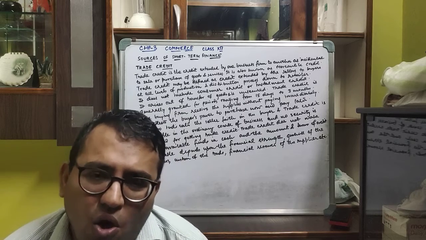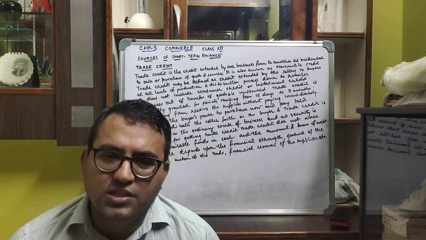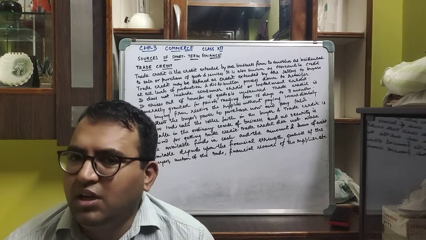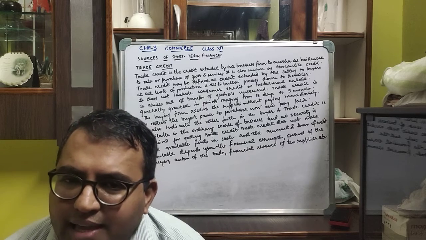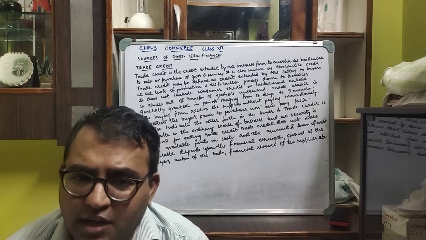This trade credit also reflects the buyer's power, because if someone does not have the money, the supplies or the goods and services will not be delivered to that company.